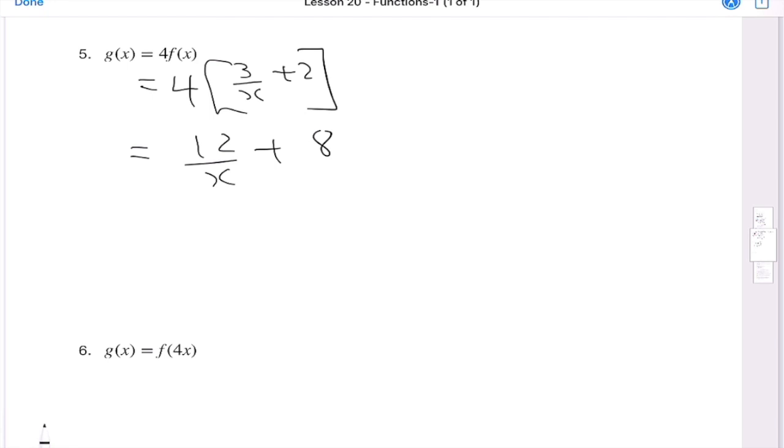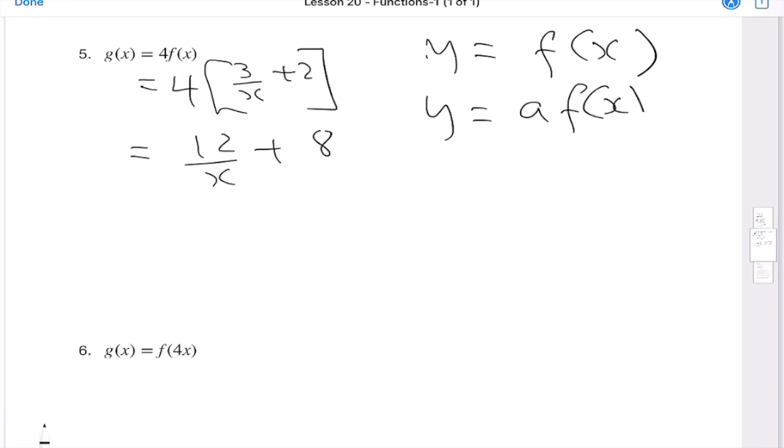That 4 is like the value of a, and remember we said y is equal to f of x, but you do sometimes get a case where f of x is then multiplied by a. That represents a stretch.